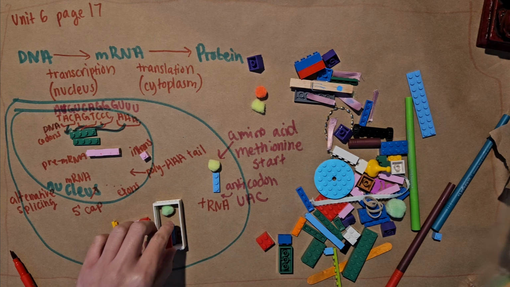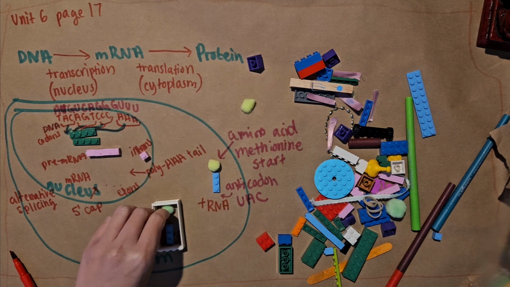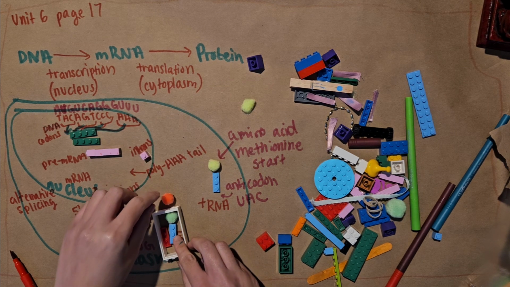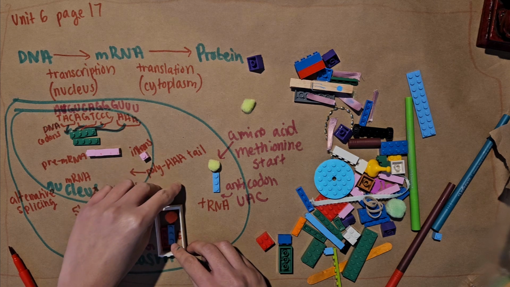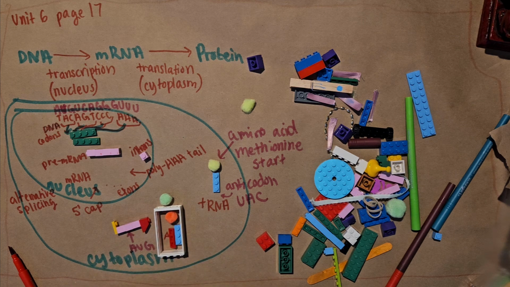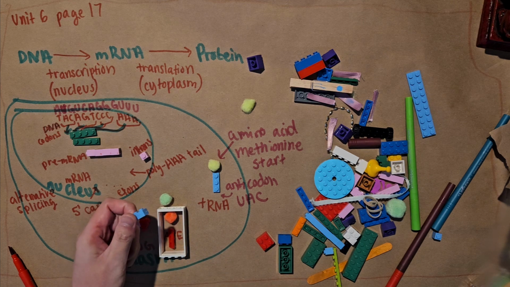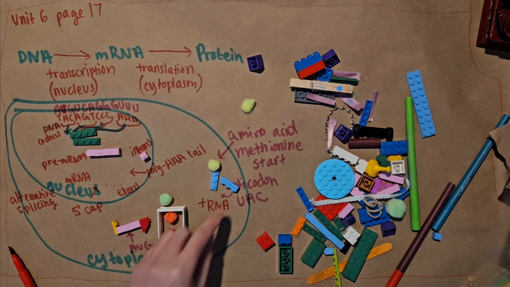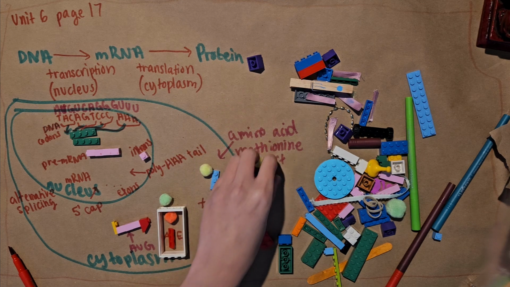Another tRNA will come down with an amino acid. And then we have the elongation of the protein in the middle. There we go. And then the empty tRNA will just leave, go bye-bye, probably go get another amino acid to come back.